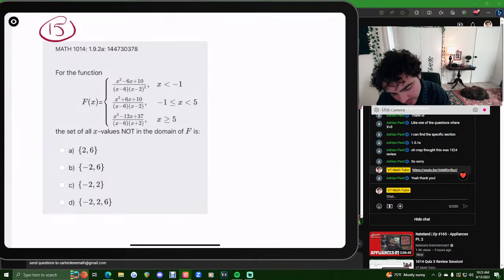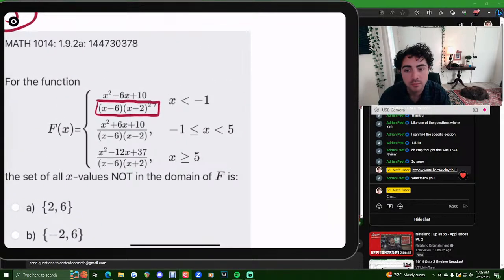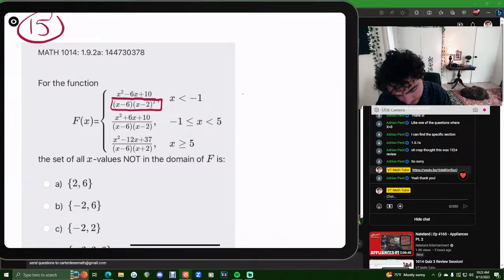First step is focus on the denominators and find the x values that would make the denominator equal to 0. Basically, what I do is take the opposite of what I see. That's a nice, easy way to think about it.